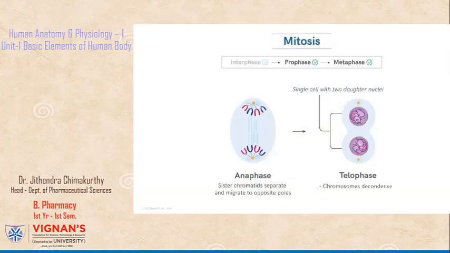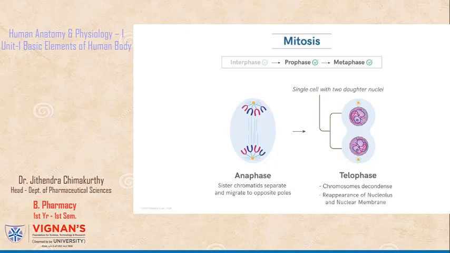The chromosomes decondense to gain the relaxed string-like chromatin structure. And are we left with something else too? That's right, the nuclear membrane. The nuclear membrane and the nucleolus, which disappeared during the prophase, now start reappearing.